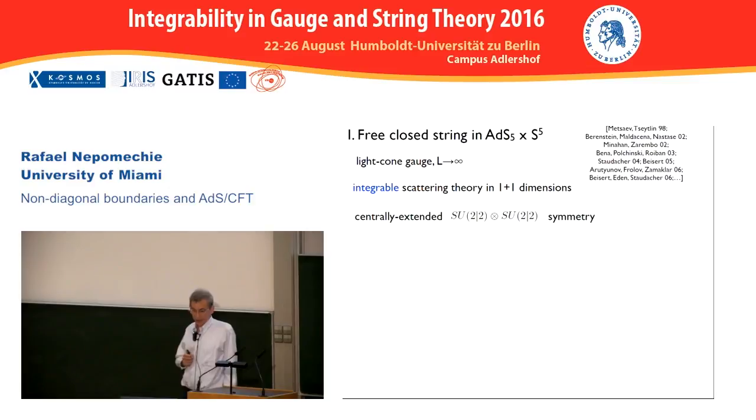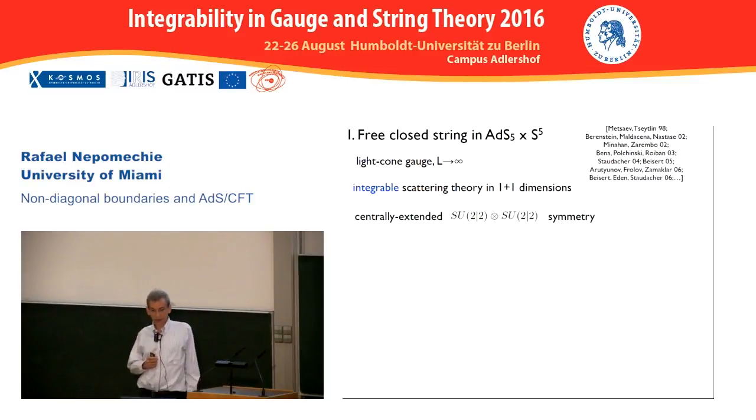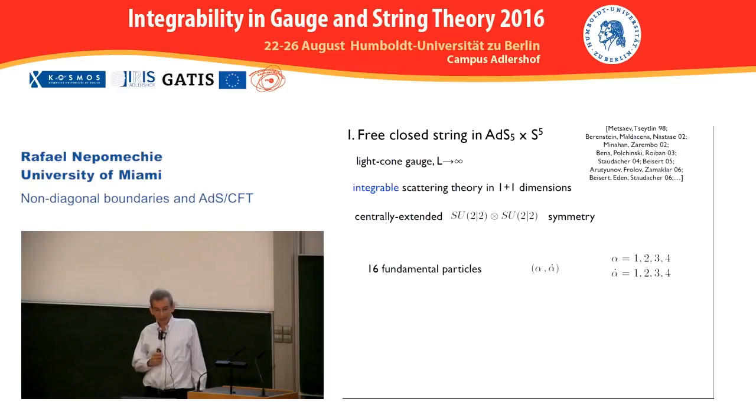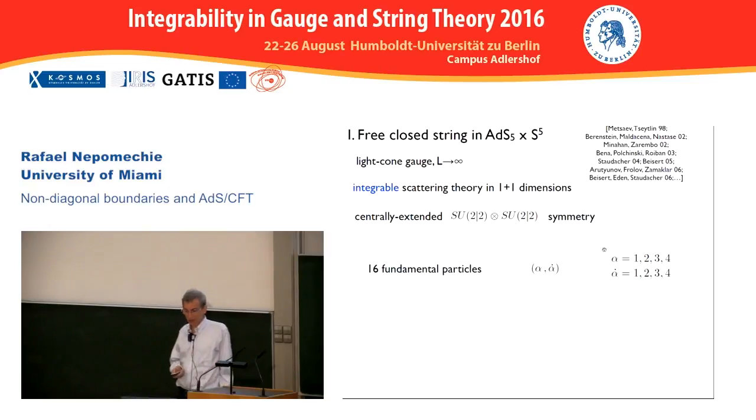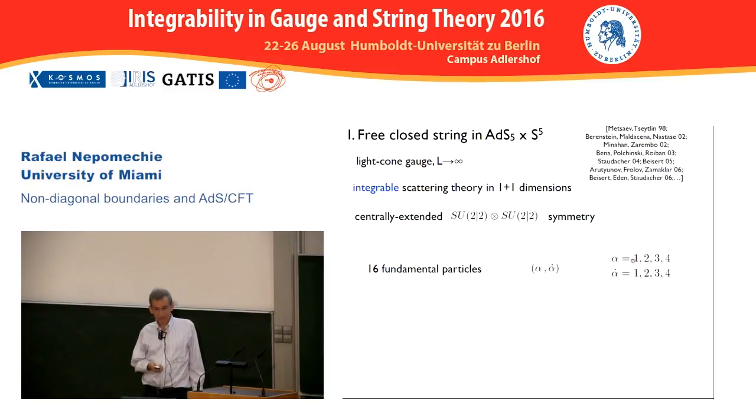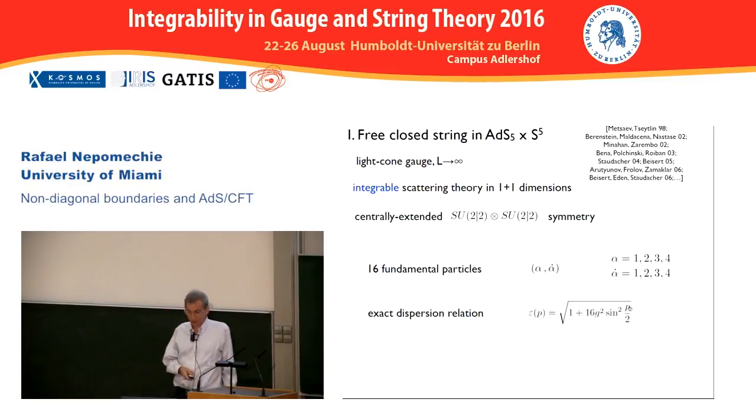So it has a centrally extended SU(2|2) squared symmetry. And it has 16 fundamental particles. We can denote them by alpha, alpha dot, where each of these indices runs from 1 to 4. And all of these particles have the same exact dispersion relation given here. And g is the coupling constant of the theory.